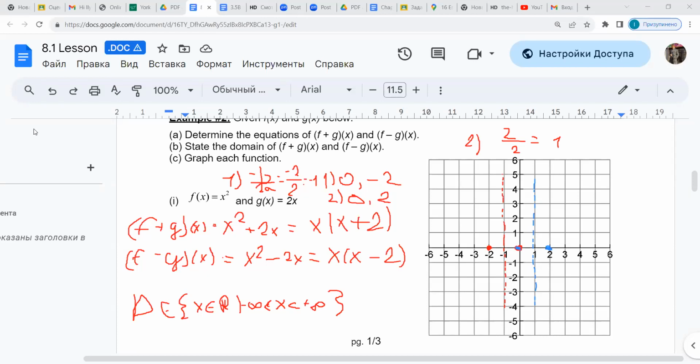First one, let me clear the board. For the first one, we're going to have y equals -1, equals x squared plus 2x.